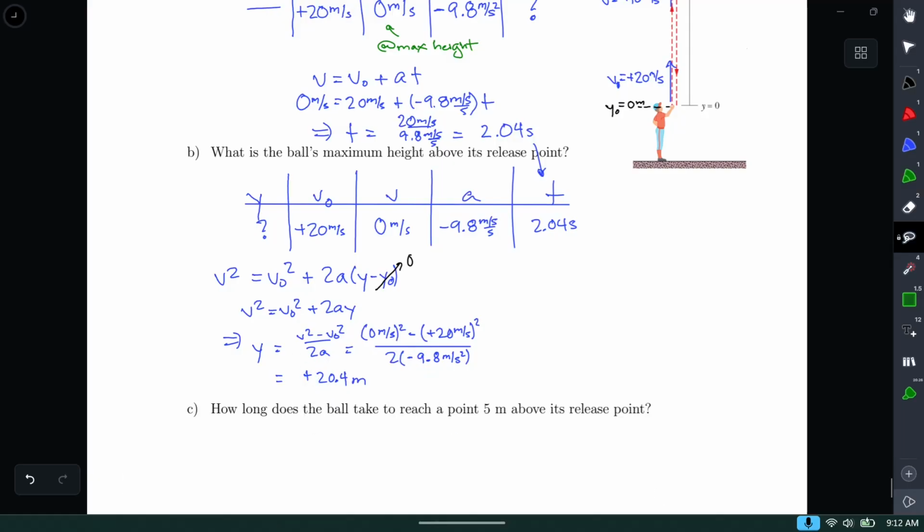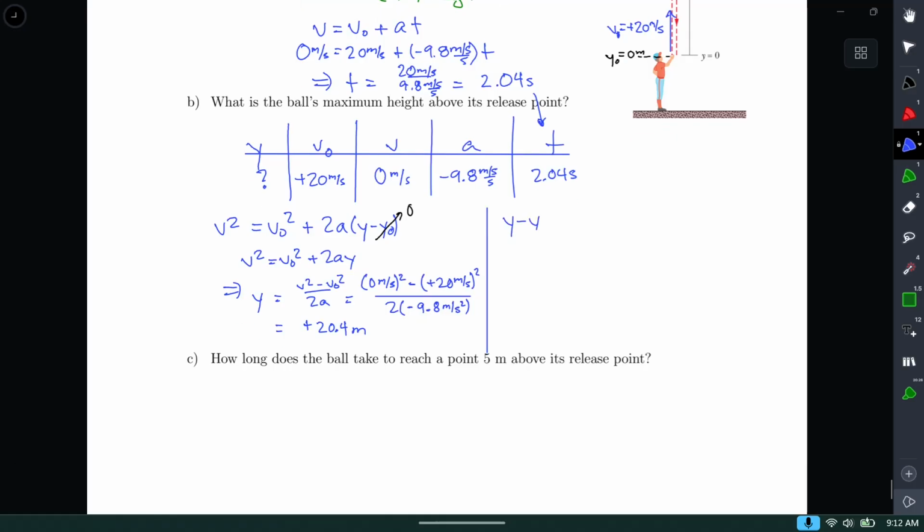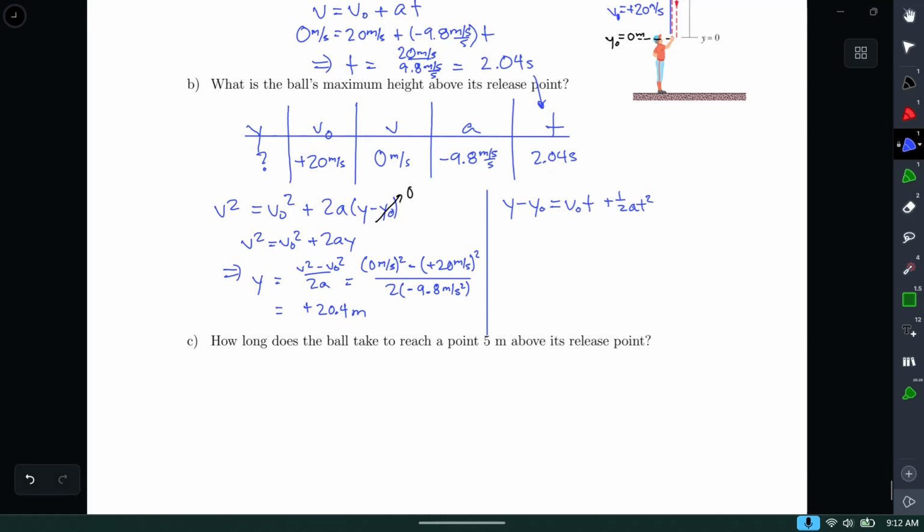Did anyone use a different kinematic equation? All right, well, you could have. You could have used this one. Because we know time, we know the initial velocity, we know acceleration, and we can use it to find that displacement. You could also have used this one.